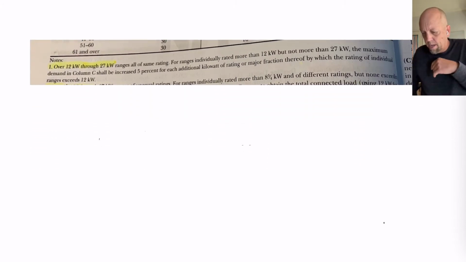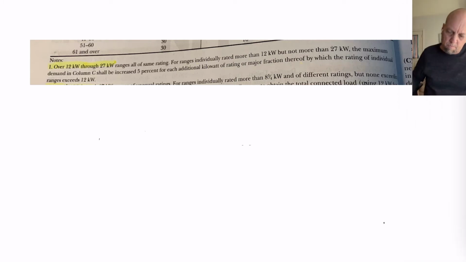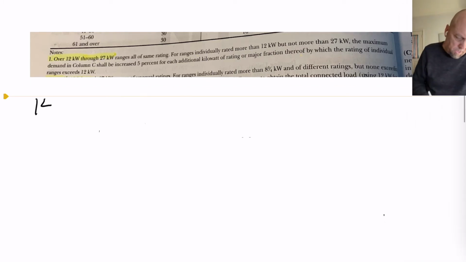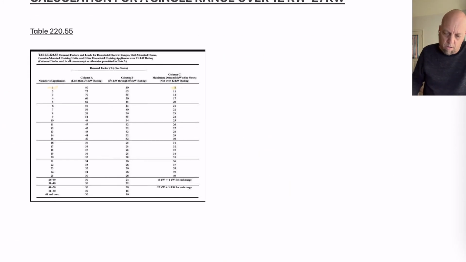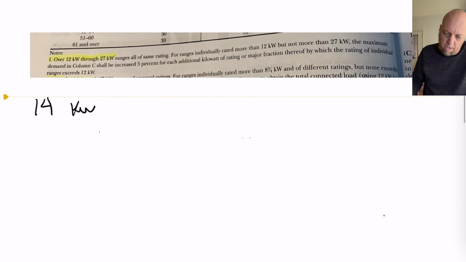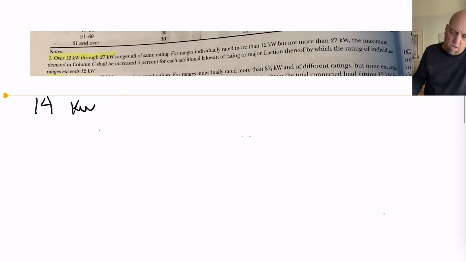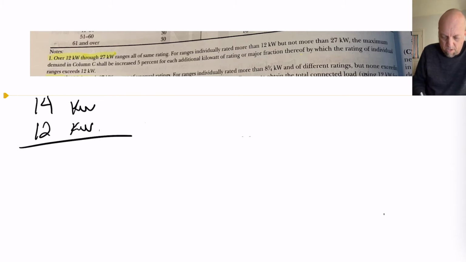let's say we have a 14 kW range. Now we have to figure out our calculation for our load. Well, we know that column C stops at 12 kW, so we subtract 12 from 14.